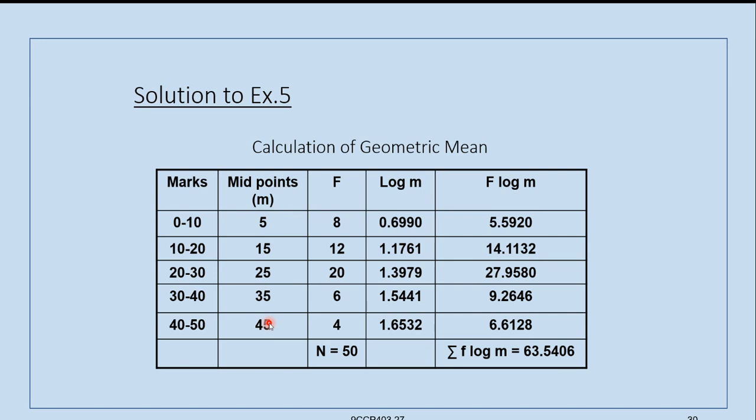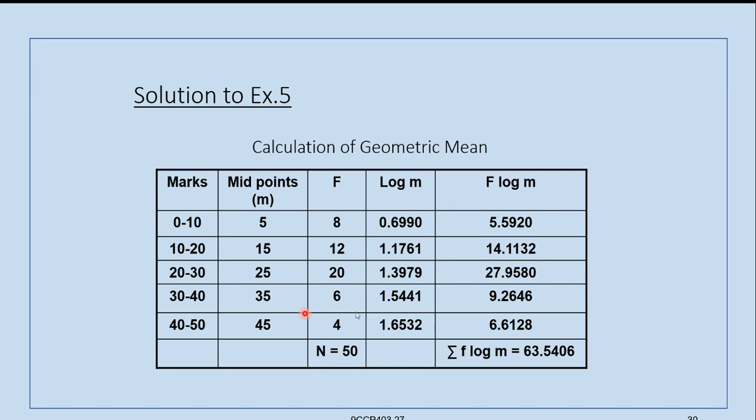It appears as discrete series if the class interval is not given. Because we are taking midpoints, we will take only this one and ignore the class interval after taking midpoints. So the remaining problem is the same as discrete series.